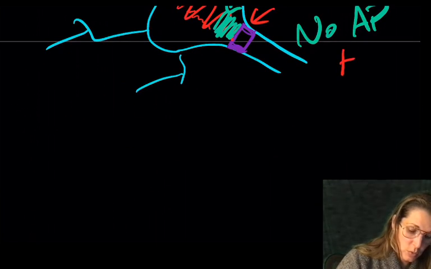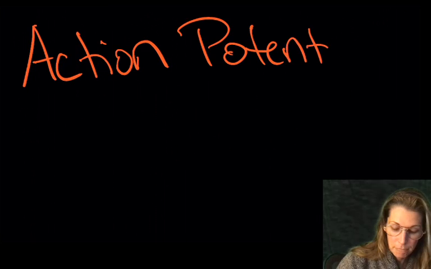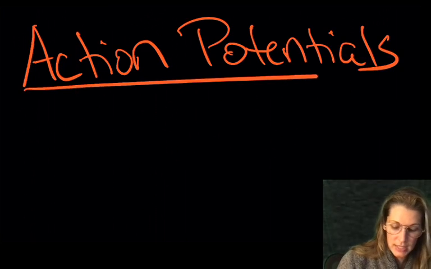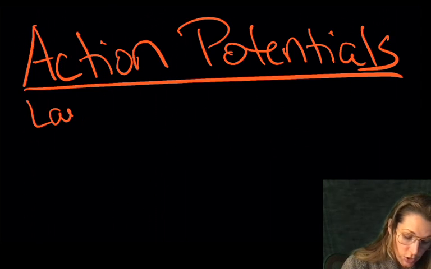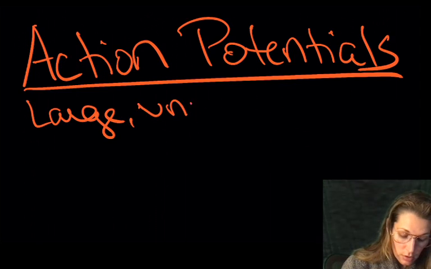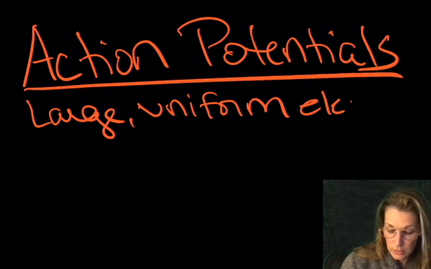Okay, so let's switch our whole color scheme. I was using blue for graded potentials, I'm going to use a kind of orange for action potentials, so we can visually see we're in a different place now. Okay, so these are large, uniform, meaning all or nothing, electric signals.